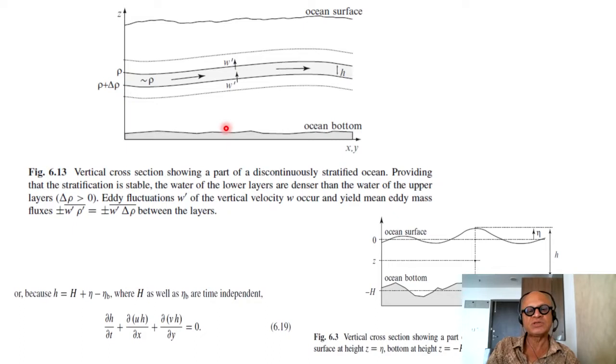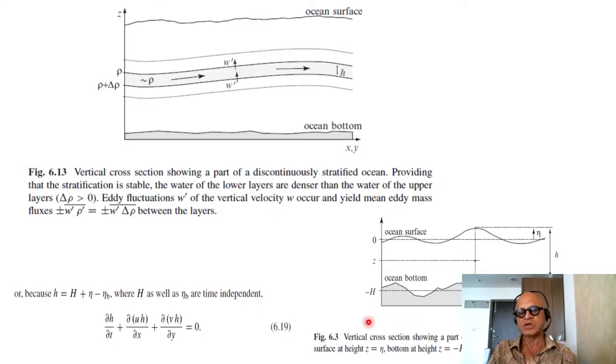Eddy fluctuations w prime of the vertical velocity w occur and yield mean eddy mass fluxes plus or minus w prime rho prime. So the eddy covariance that we talked about before amounts to plus or minus w prime delta rho between layers.